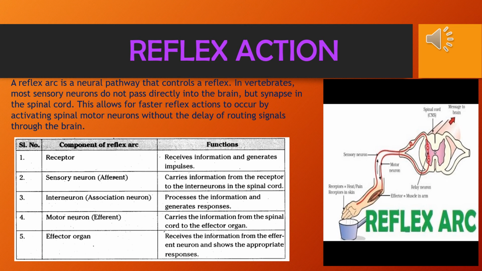Third one, interneuron, that is association neuron, processes the information and generates responses. Number 4, motor neuron or efferent neuron carries the information from the spinal cord to the effector organ. And last, effector organ receives the information from the efferent neuron and shows the appropriate responses.